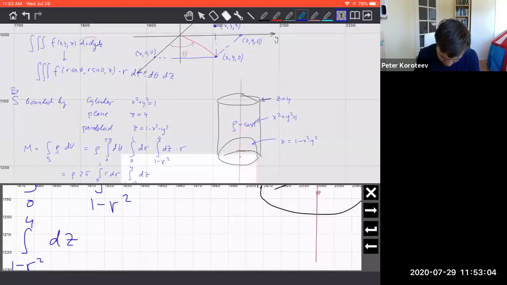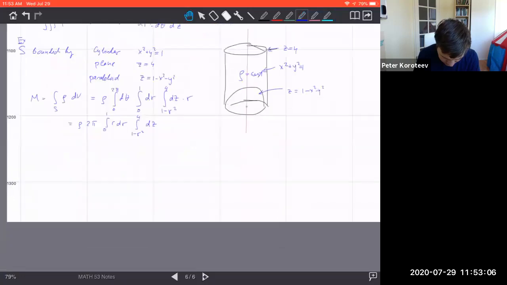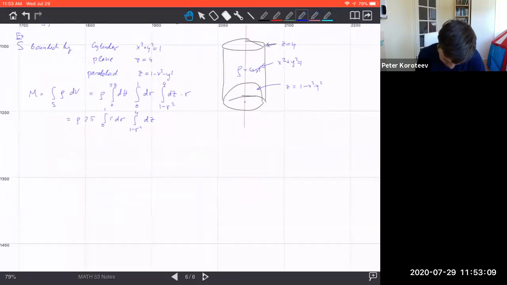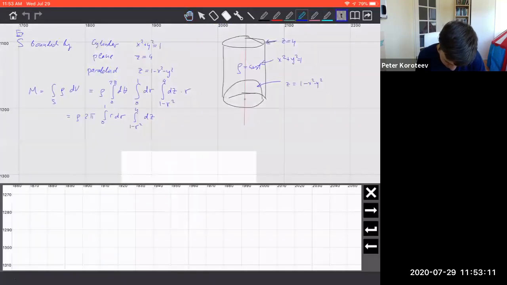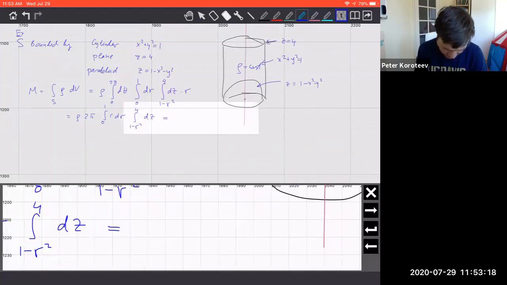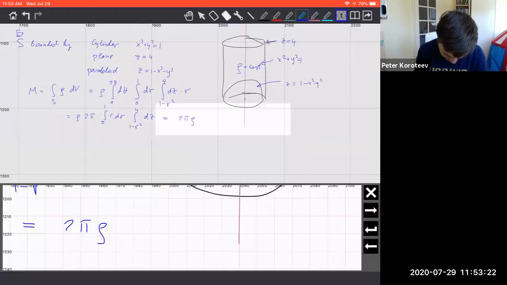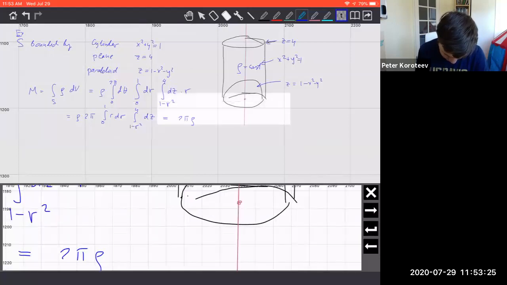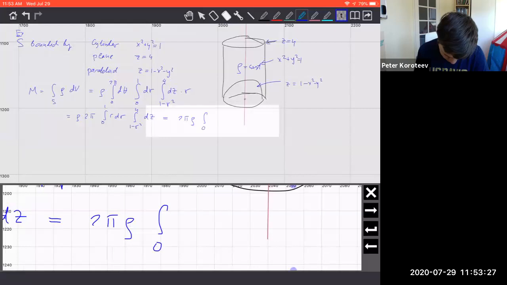So that gives us 2 pi rho, integral of r dr times 4 minus 1 plus r squared.